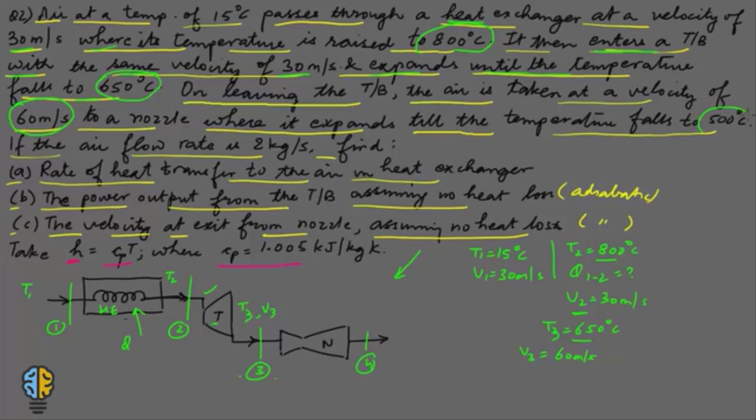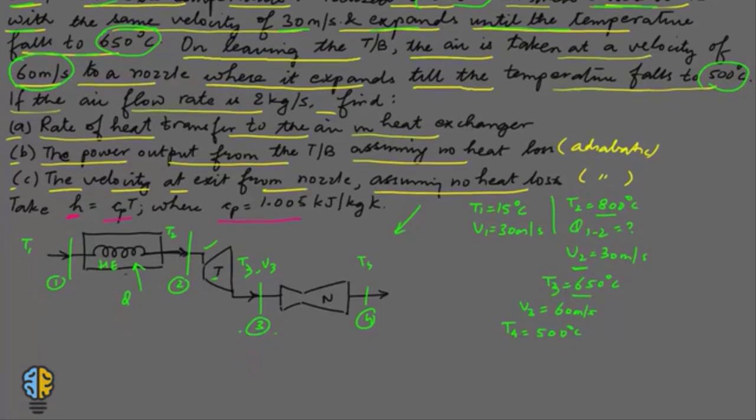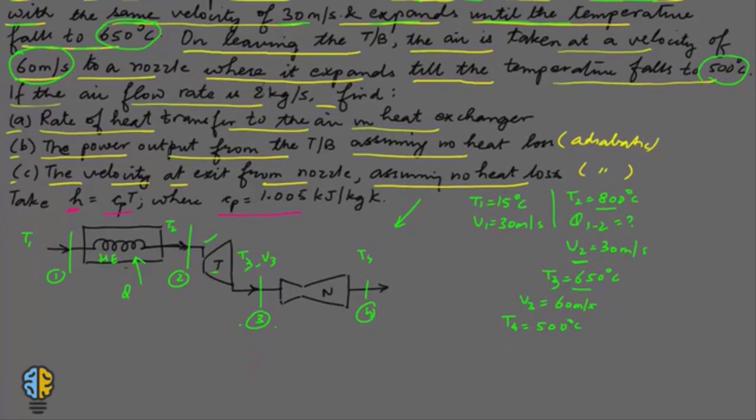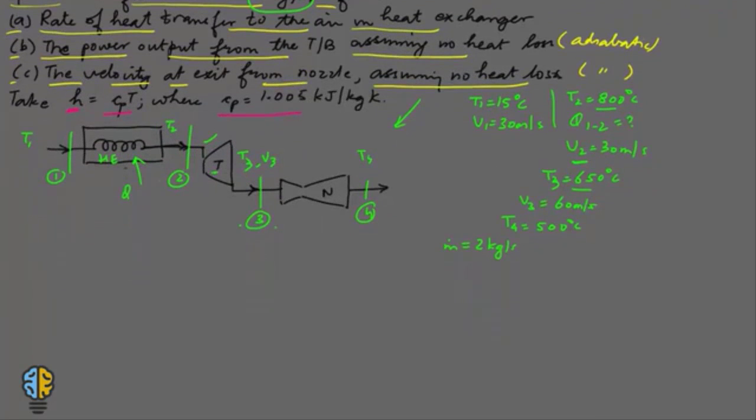And the temperature falls to 500 degrees Celsius. So T4 is also given to you. So T4 is 500 degrees Celsius. And we have been given that the mass flow rate is 2 kg per second. So m dot is 2 kg per second. Alright, so this is the whole question in terms of the given data.